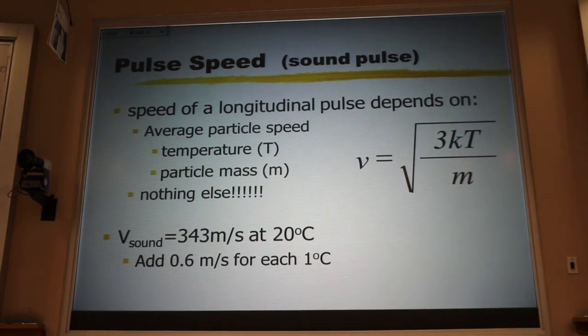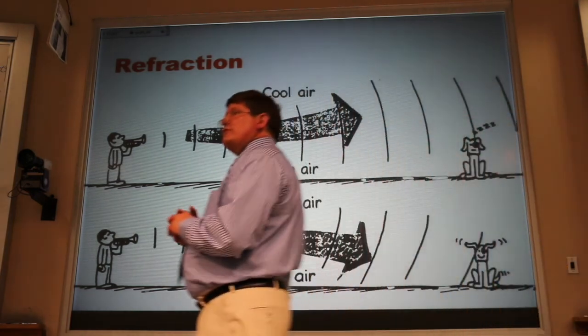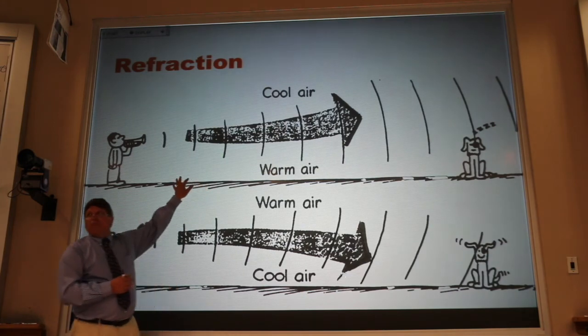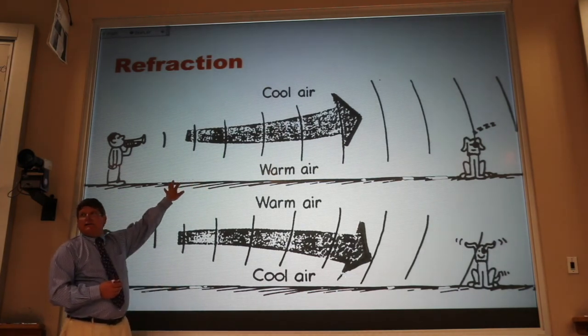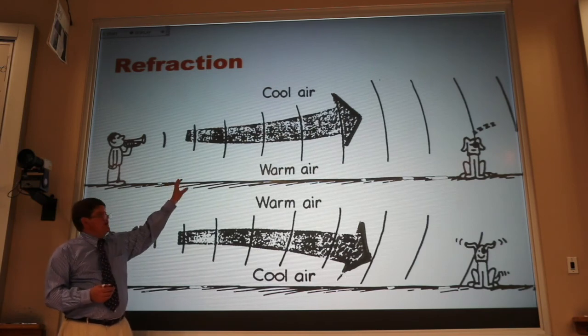Okay? Now, because sound travels faster in warm air, we have a phenomenon that we call refraction, or the bending of sound. Now, this explains some things that happened to you when you were in 6th grade. You remember you were out on the blacktop, and it was a hot day. And the air was really hot down here by the black surface of the blacktop.